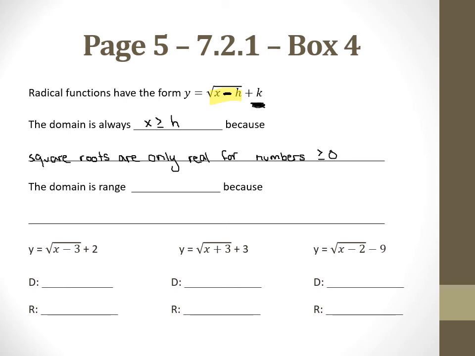The range is always y is greater than or equal to k, because k is the vertical shift. So if you think back to your translations, you would have a horizontal shift given by the h value. K is the vertical shift.